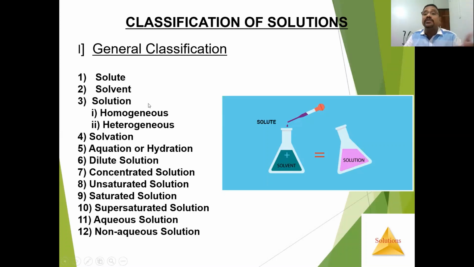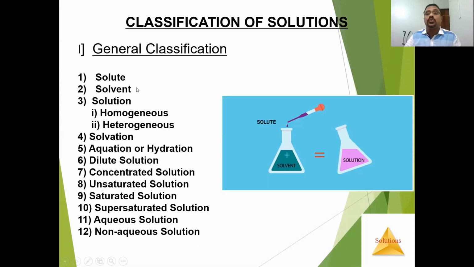Means the combination of the solute with the solvent will form your solution, but they are not going to react with each other at all.